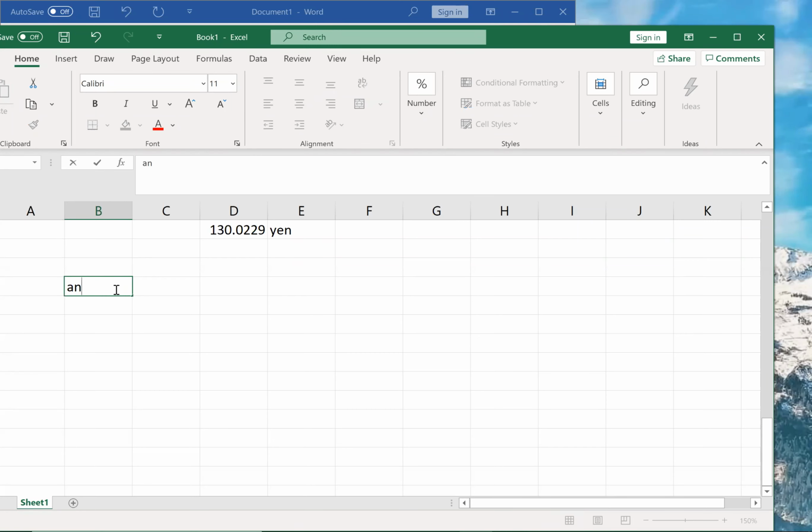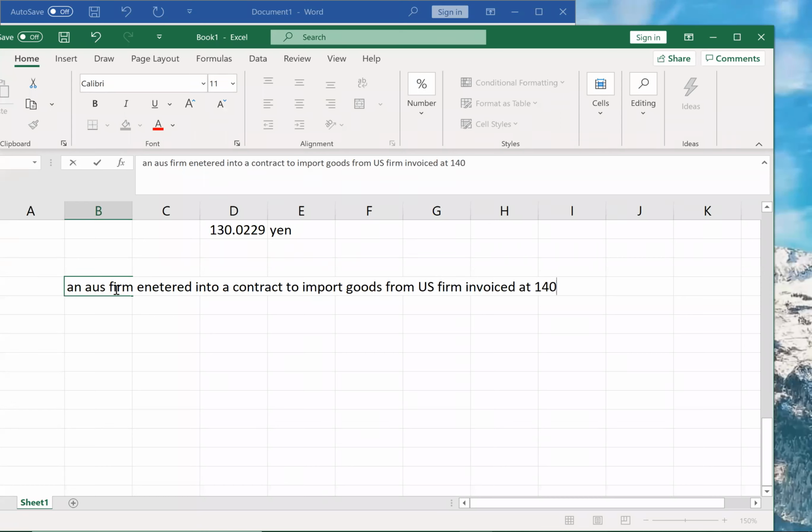An Australian firm entered into a contract to import goods from a US firm invoiced at 140,000 US dollars.